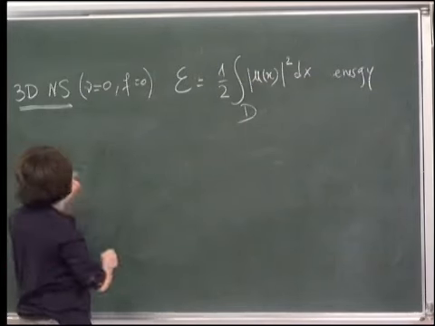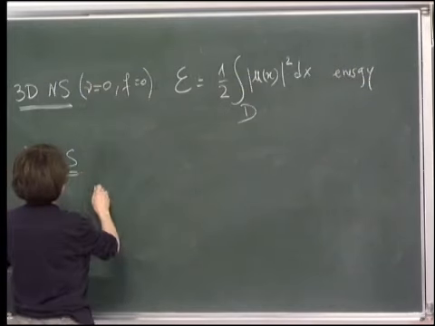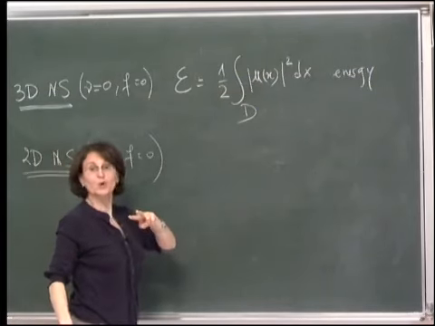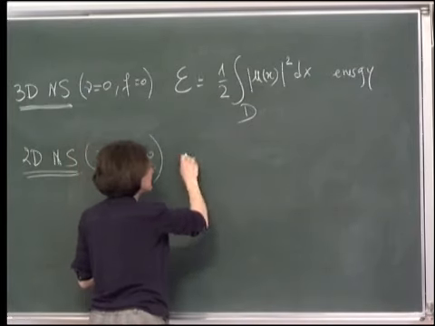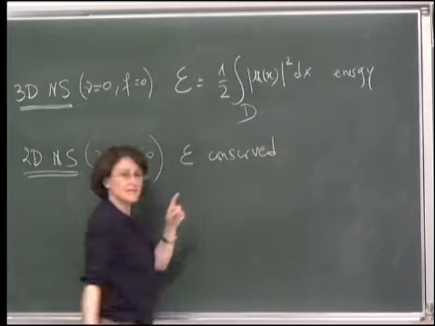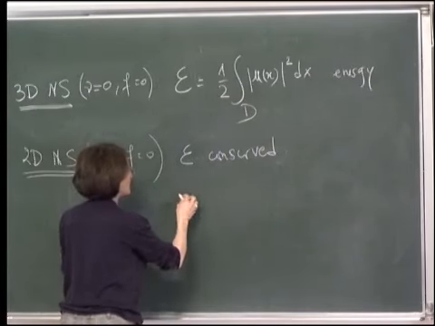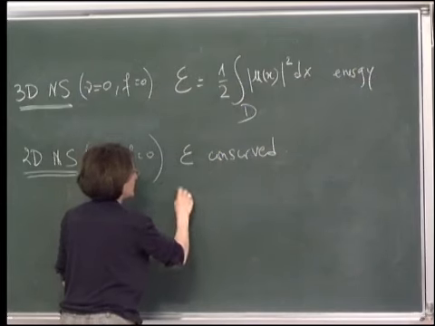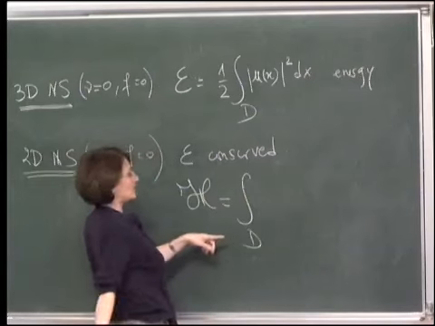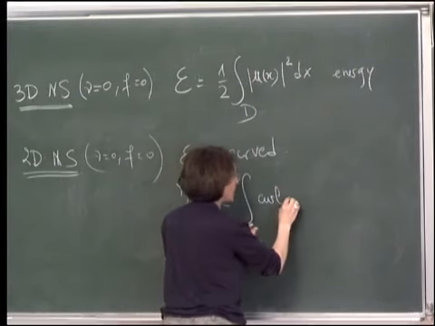this is the reason for which in 3D it's really hard to prove some kind of regularity and uniqueness results. Okay? In 2D Navier-Stokes, and this is the big difference between the two, again, when I take f equal to 0 and nu equal to 0, there are two quantities that are conserved: the energy is conserved, plus there is another quantity which is the entropy, I will call it like this, h equal to the integral over D of the curl, the rotational of the velocity.